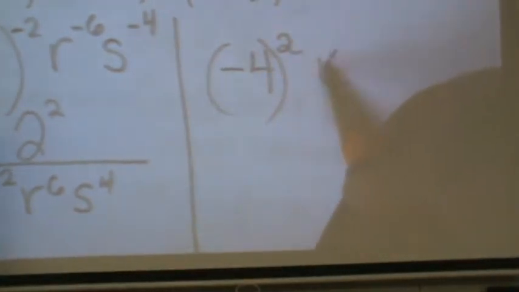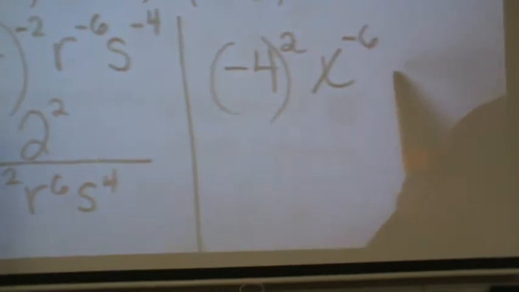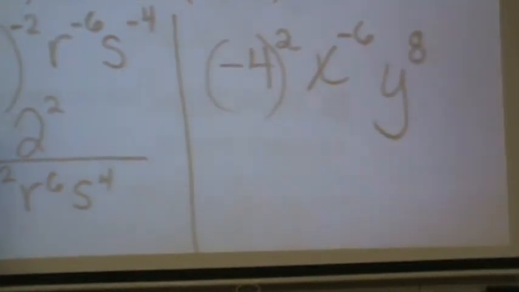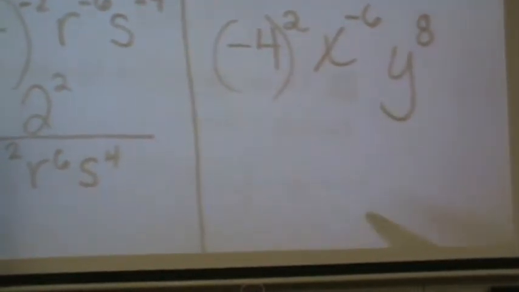Letter D. -4 has to be squared. x to the -3 squared is what? -6, and y to the 8. So what is going to move?